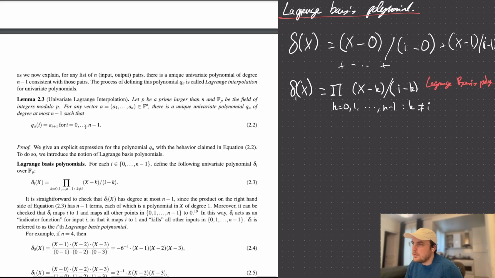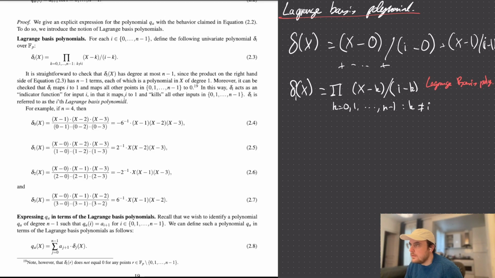I'm missing something, but I will just let it go for now so I can continue. This polynomial has a degree at most n minus 1. Moreover, it can be checked that delta i maps i to 1 and maps all other points to 0.